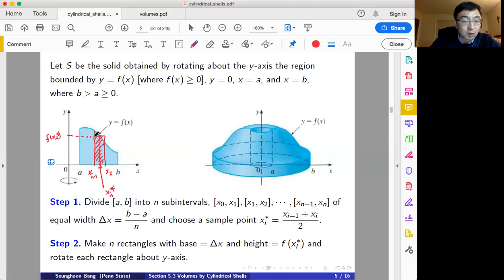Next, you have to rotate this rectangle about the y-axis. What happens? We have one cylinder, right? The outside has this one, and the inside is like this. We have a cylindrical shell.